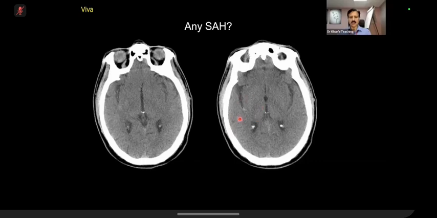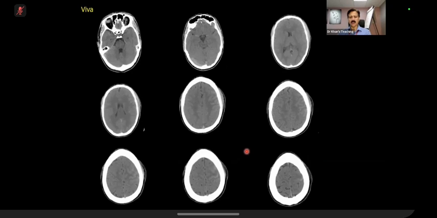So this is the Sylvian fissure, right? Yeah, there, but on the first slice as well, I think there's a bit of high density in the subarachnoid space. Okay, fine. So basically, subarachnoid hemorrhage in the Sylvian fissure. The history of trauma in this case was about 4 days old.